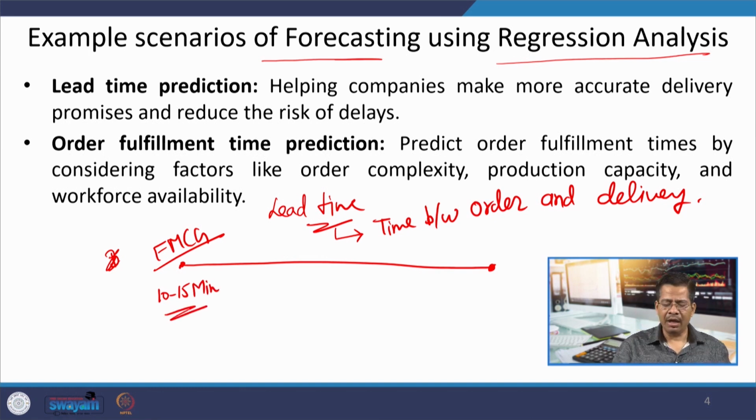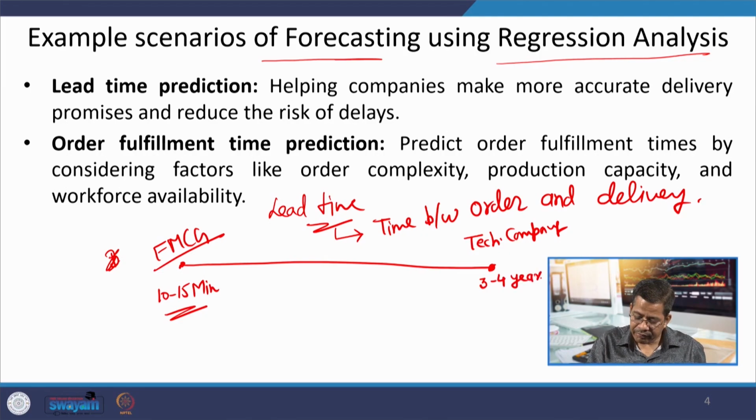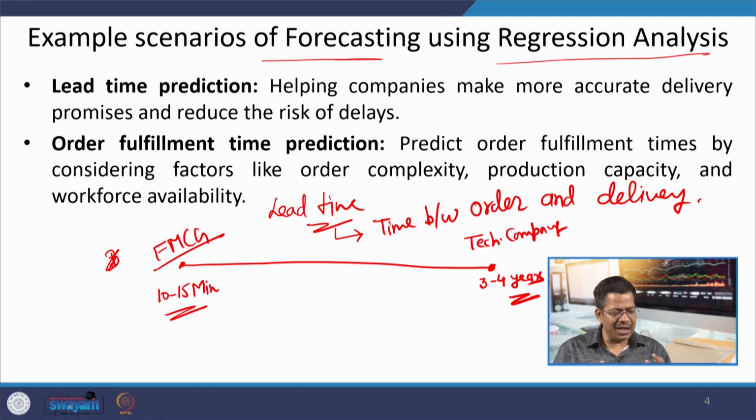And on the other side of this spectrum, you have a technology company which is developing a technology and delivering it to you. It may deliver a product, let us say, in 3 to 4 years. So, this spectrum of lead time can be from 10-15 minutes to 3 to 4 years or even more.